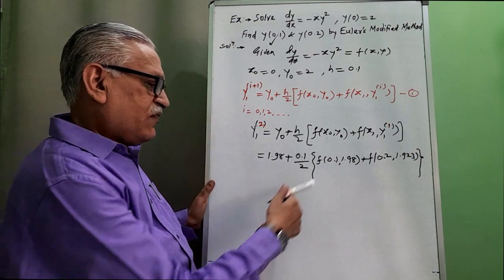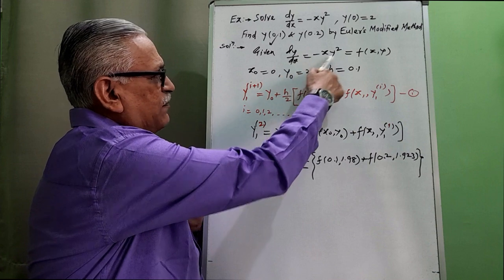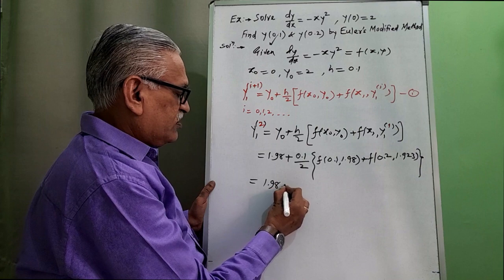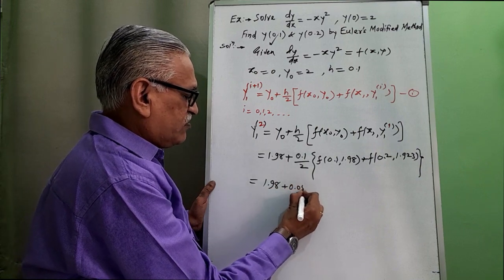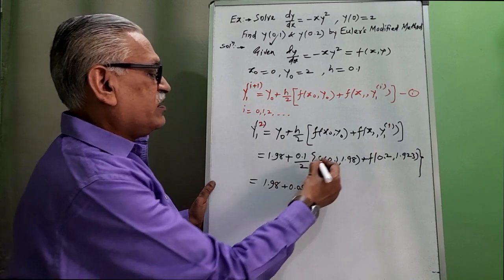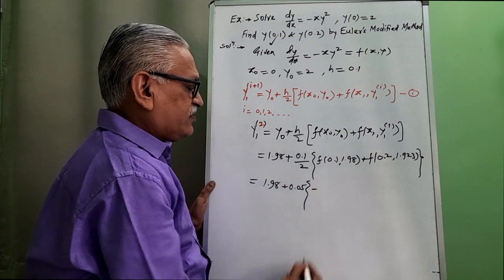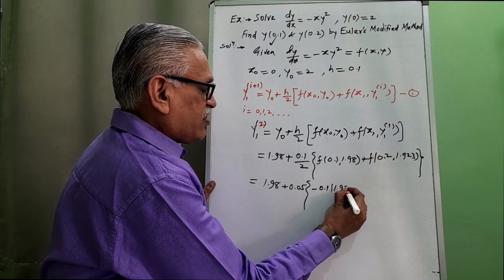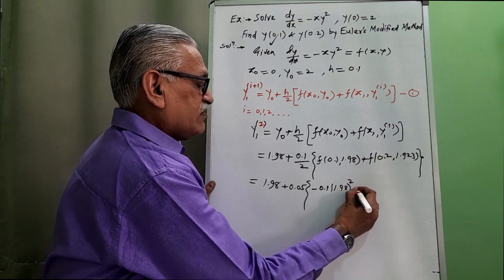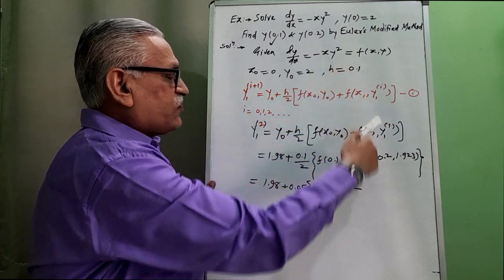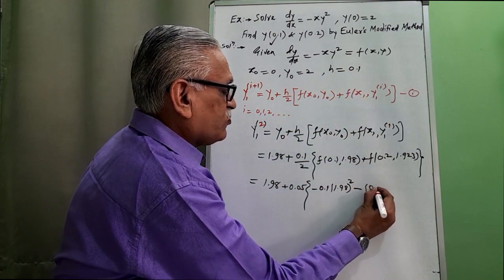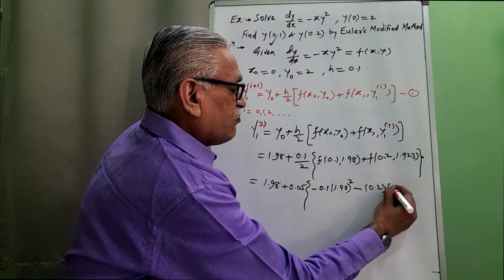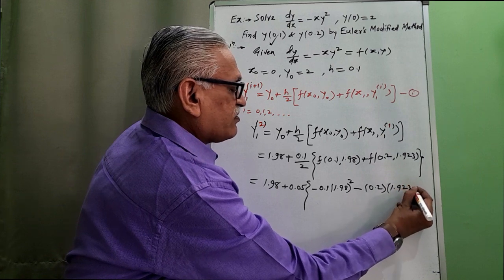And then finding this function value by applying this result, we have 1.98, no change, 0.1 by 2 we get 0.05, xy square with minus, minus 0.1 multiplied by 1.98 square, then minus again xy square, x is 0.2, and y square means 1.923 square.